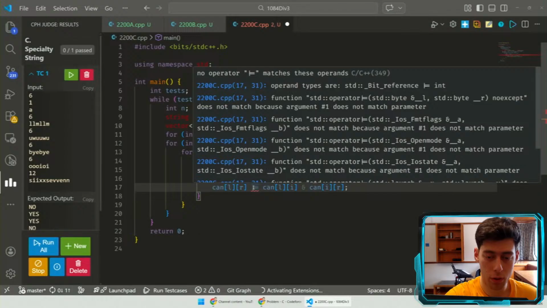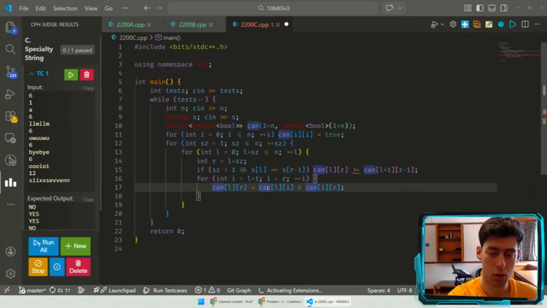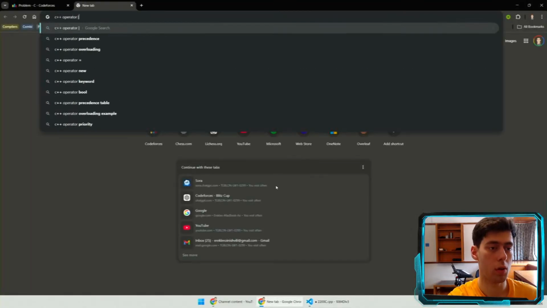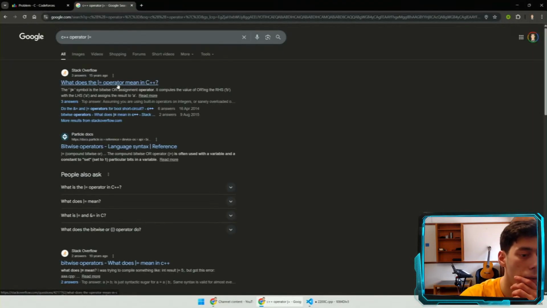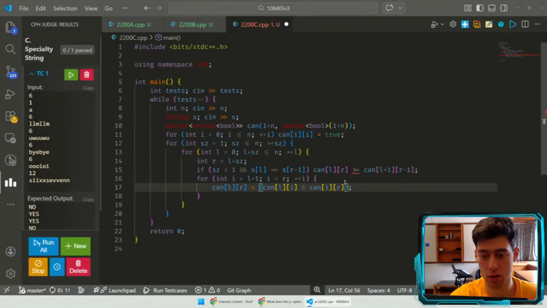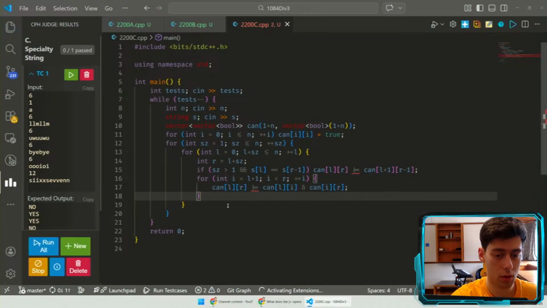Why does or-equals not work? Is that not a thing? Bitwise or assignment operator. Yeah. What do you mean? I've been using this since I was born. It works on booleans, buddy.